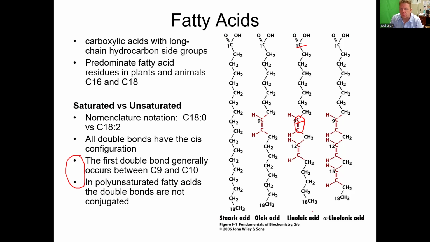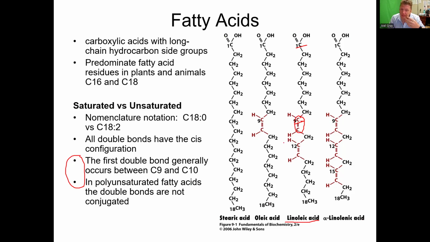In a polyunsaturated fatty acid, which linoleic acid is, the double bonds are not conjugated. Okay, so linoleic acid is my model. Linoleic acid has double bonds that are not conjugated.